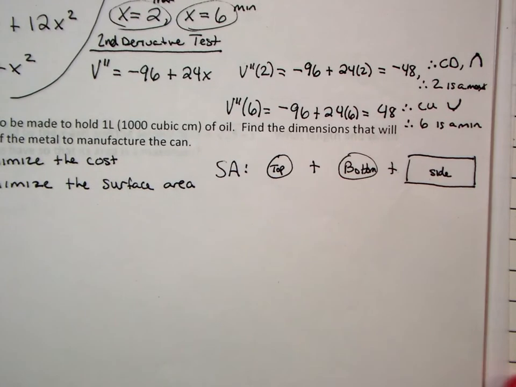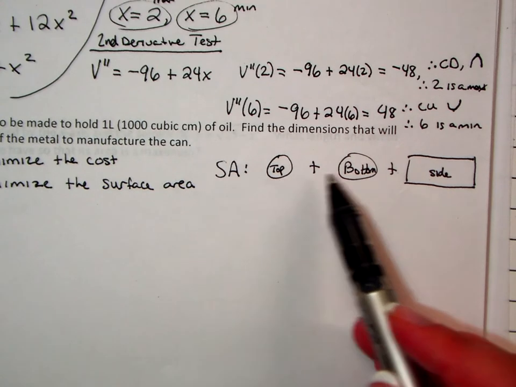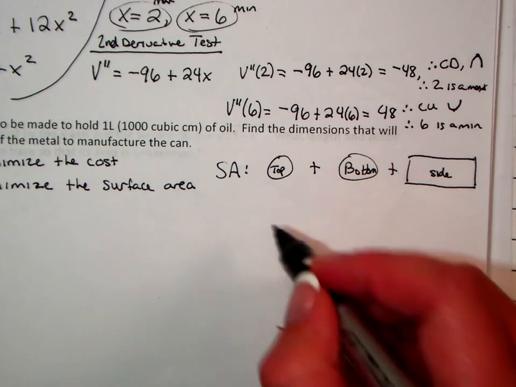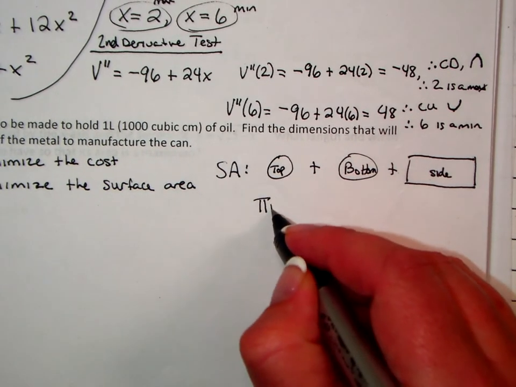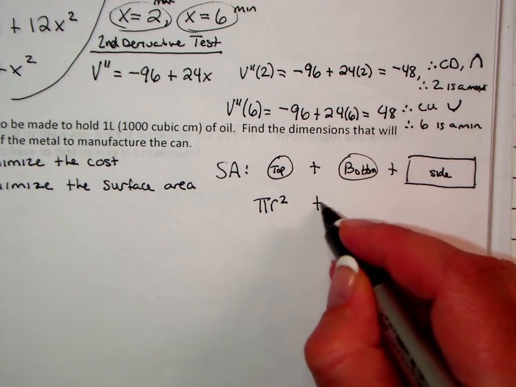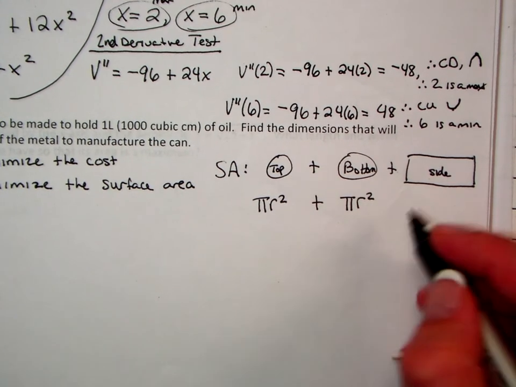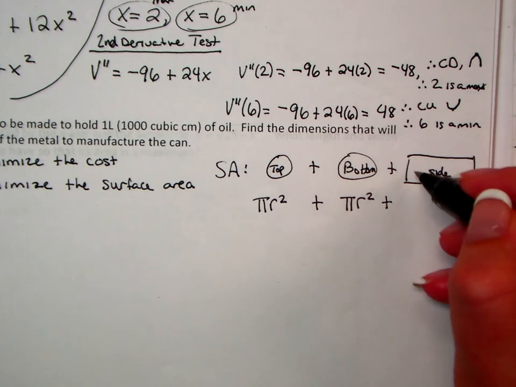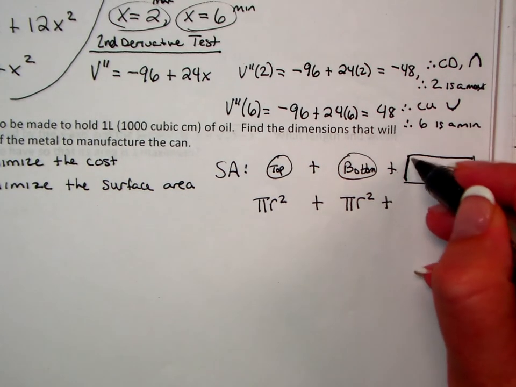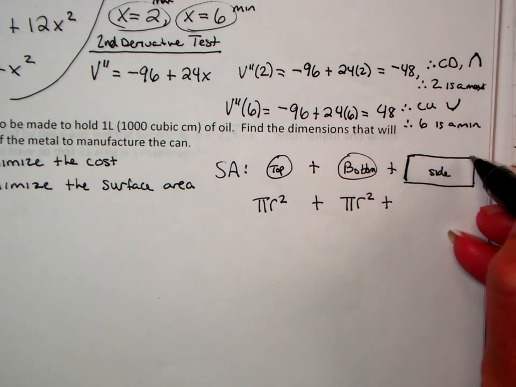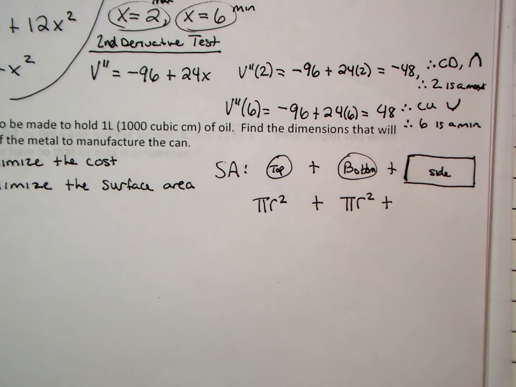So in order to find the surface area, we need to add up the areas here. The area of the top is pi r squared. The area of the bottom is pi r squared. What's the area of the sides? We have the height here, but what is this? Here's your can.